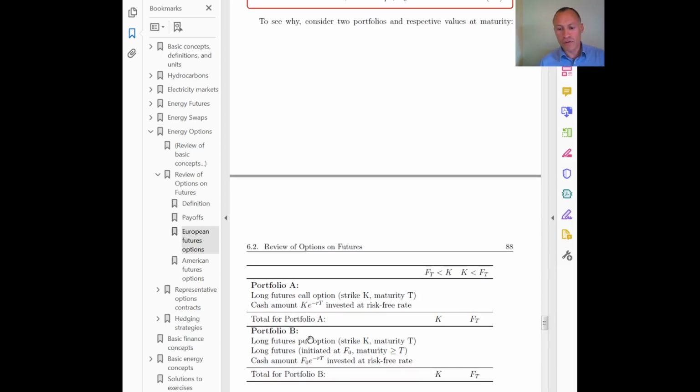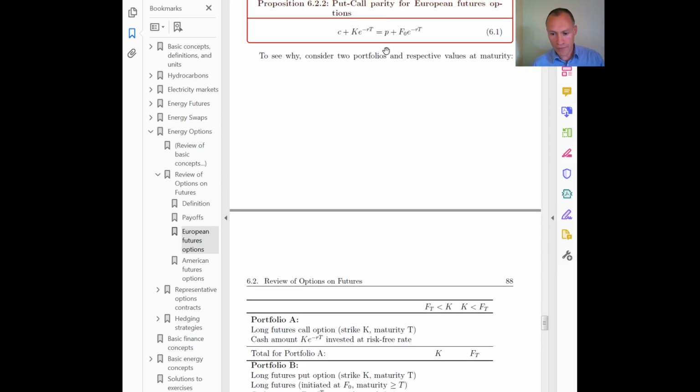The second portfolio, B: suppose you have a long futures put option, so you have this part here. You also have a long futures initiated at this current price and with this maturity. Notice that when you initiate a futures, it costs you 0 to enter into the futures, so there is no initial payoff. You only have a payoff at the end depending on the relation between the initial price, F0, and the terminal price, FT.